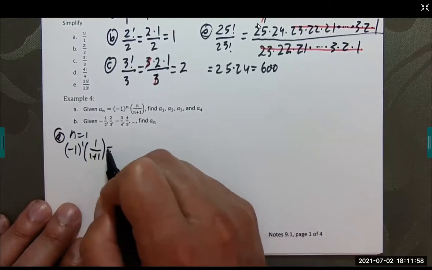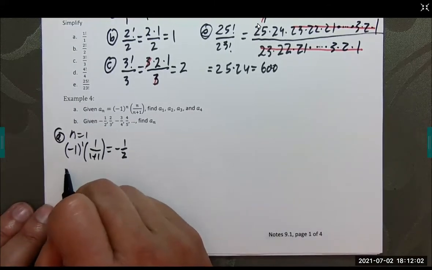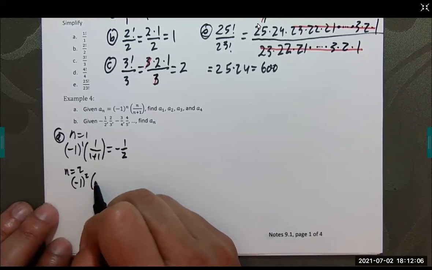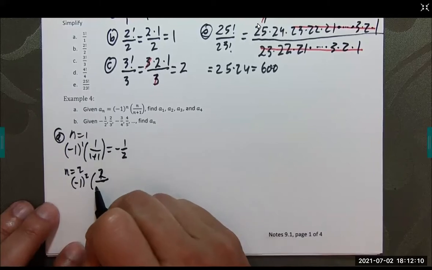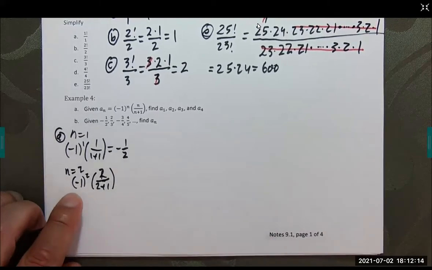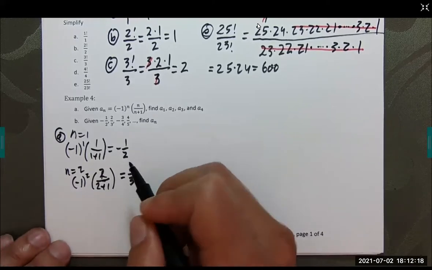This is negative 1/2. n equals 2. We get negative 1 to the second power, 2 over 2 plus 1. Now, negative 1 squared is positive, so that gives us positive 2/3.